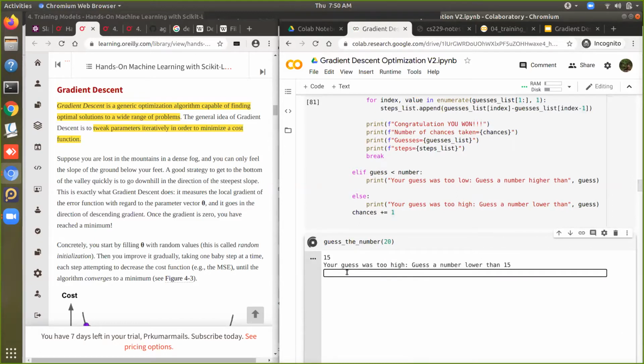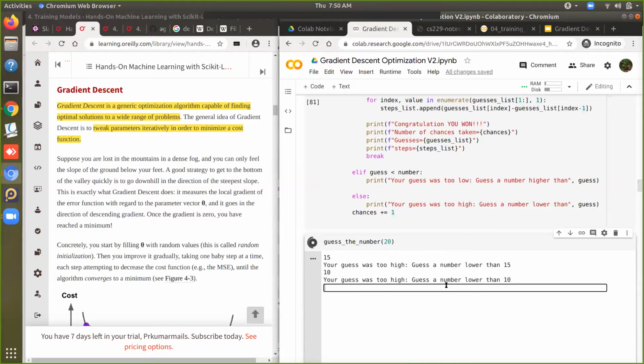Then the system tells me my guess is too high, and I have to give a number lesser than 15. So I'm reducing it to 10. Then again the system asks me to come down to some lesser number, so I change it to 5.